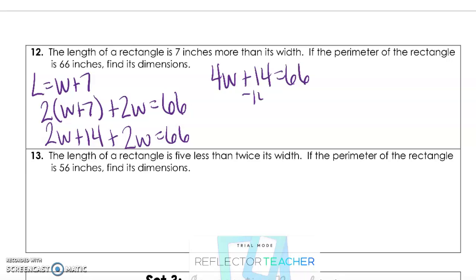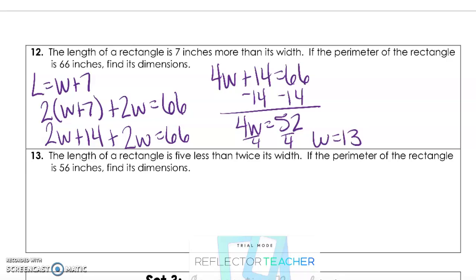Subtract our 14. 4w is equal to 52. Divide by 4, and w equals 13. So 13 inches by 13 plus 7 gives us 20.